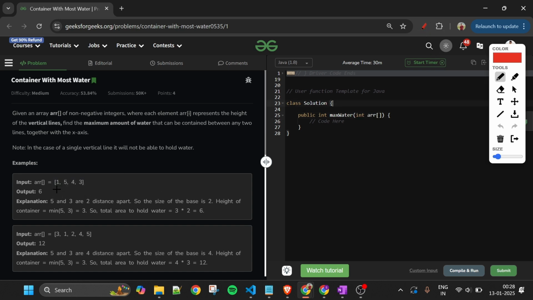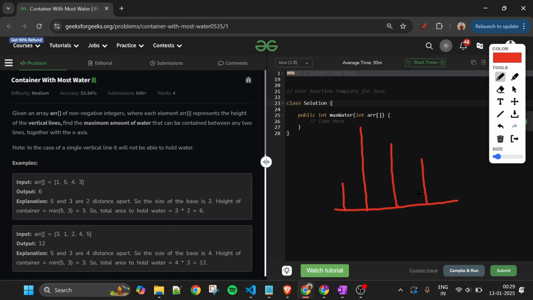So here we are given one array with elements 1 5 4 3, which are representing the height of the vertical lines. Basically, if I make this, the first is of length 1, then it is of length 5, then it is of length 4, then it is of length 3. So these are four vertical lines.